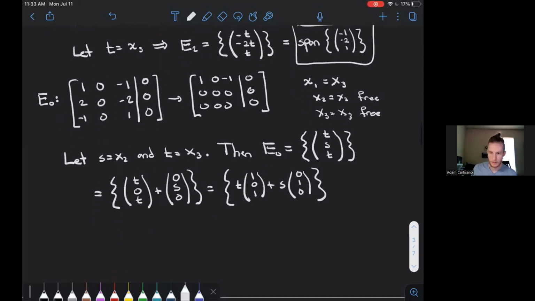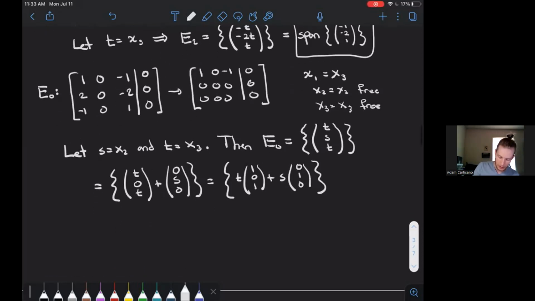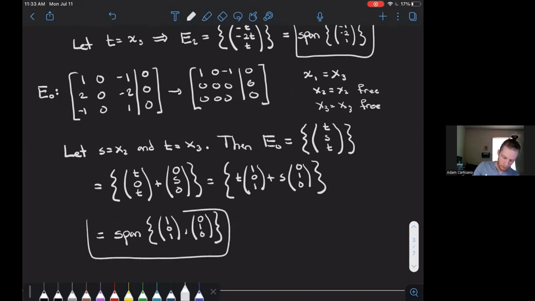So we'll take those to be our basis vectors and be done. So this is the span of 1, 0, 1 and 0, 1, 0. That's it. That's pretty impressive.